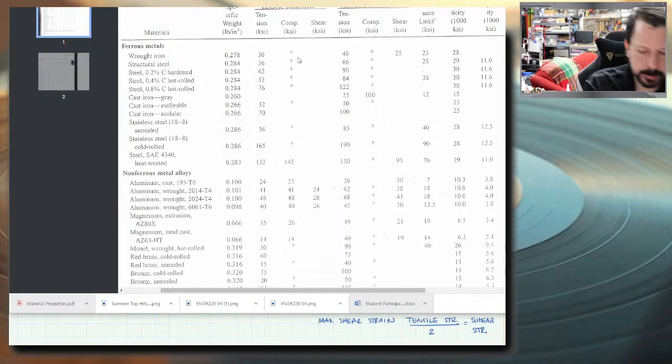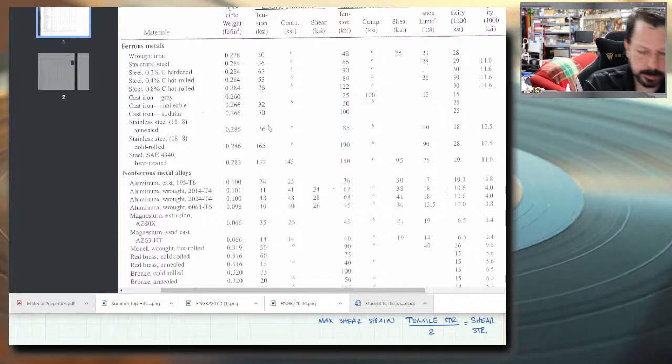Most of the time, we're going to be using this tensile yield strength number because that's the one that most of the time you're going to design for. Now, you'll have problems like exam problems and homework problems that specifically have you go look at things that aren't that, but most of the time you're going to need the elastic yield strength in tension for whatever you're designing.